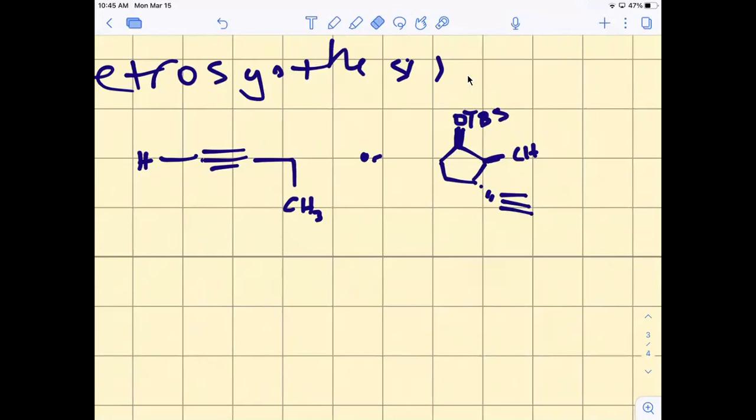If you start with the alkyne on the left, then you can potentially think about coupling that with this molecule right here, already functionalized with a thexylborane attached.